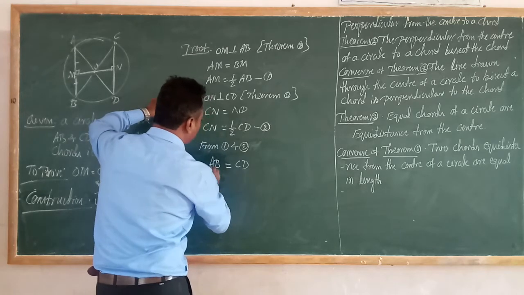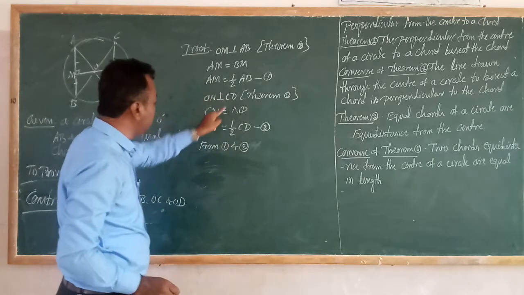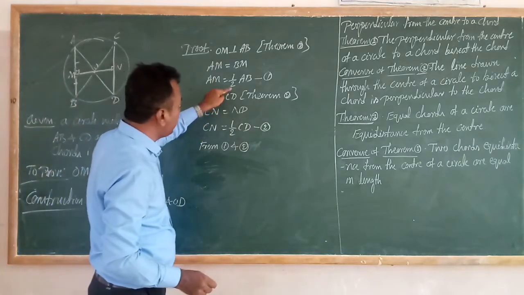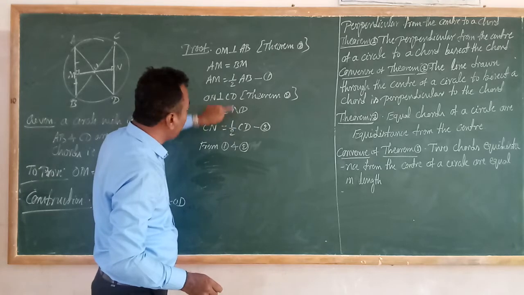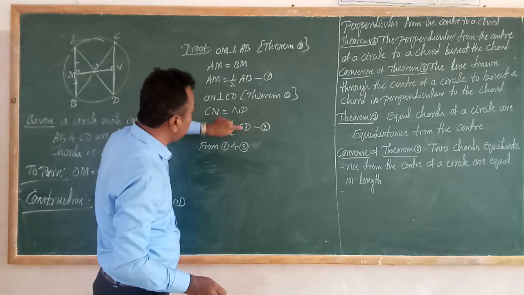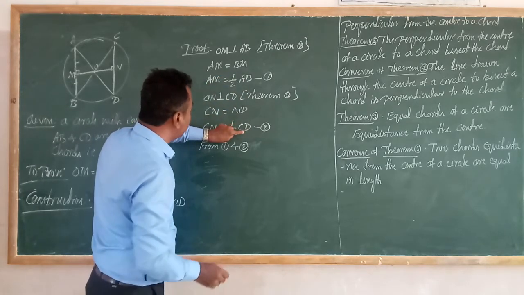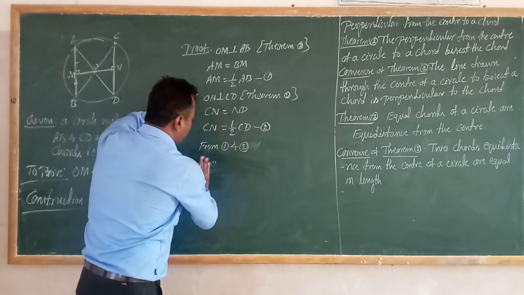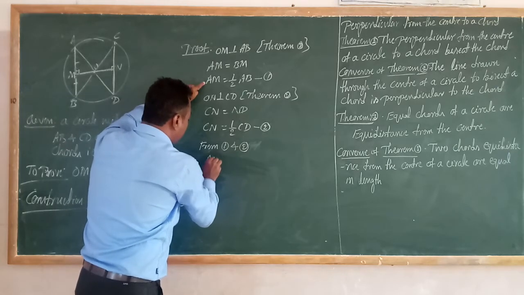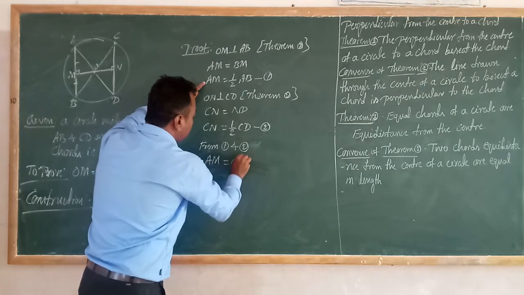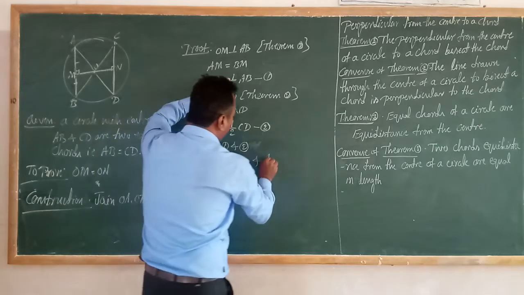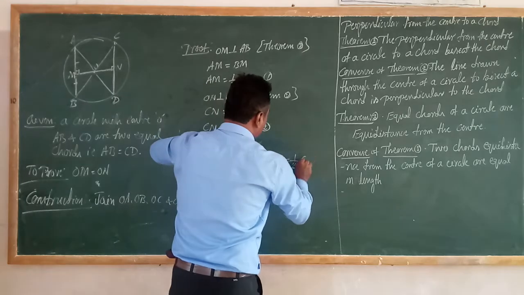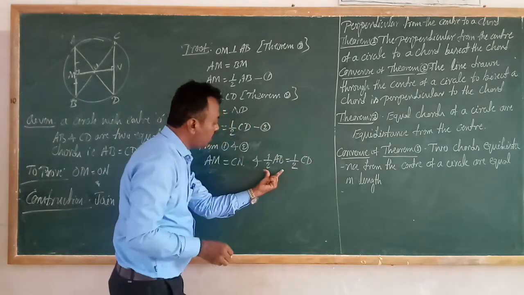Sorry, AB is equal to CD because the two chords are equal. So half of it gets cancelled. From 1 and 2, LHS AM is equal to CN. Half of the AB is equal to half of the CD.